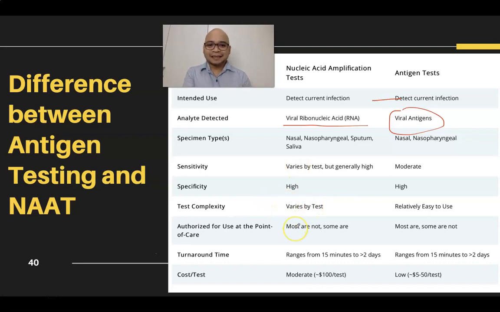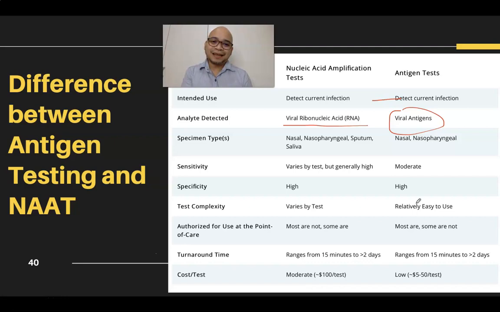For NAAT, it depends on the manufacturer and the kit that you are using, but generally it really varies. But antigen testing is relatively easier to use as compared to NAAT.